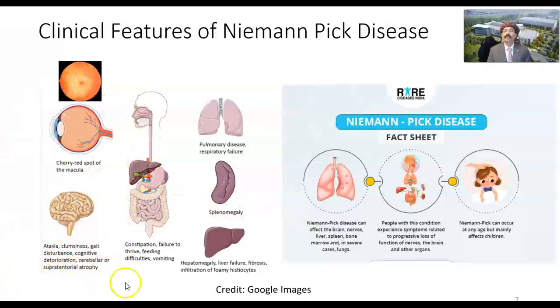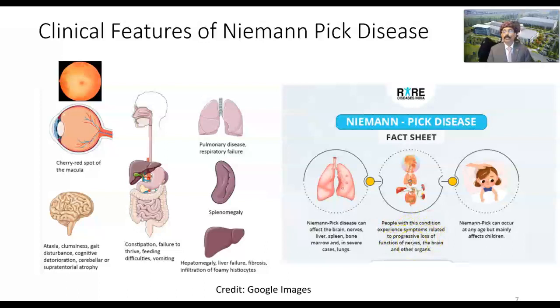So this is a rare disorder. Here, Niemann-Pick disease fact sheet. Niemann-Pick disease can affect the brain, nerves, spleen, liver, bone marrow, and in severe cases, the lungs. People with this condition experience symptoms related to progressive loss of function of nerves.